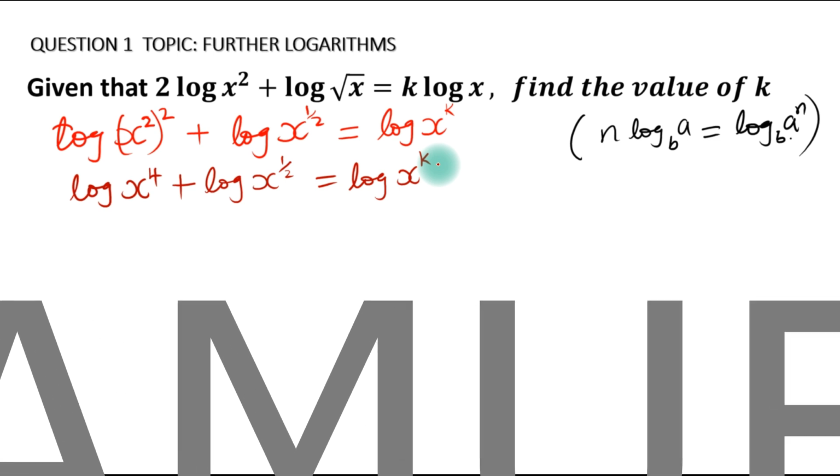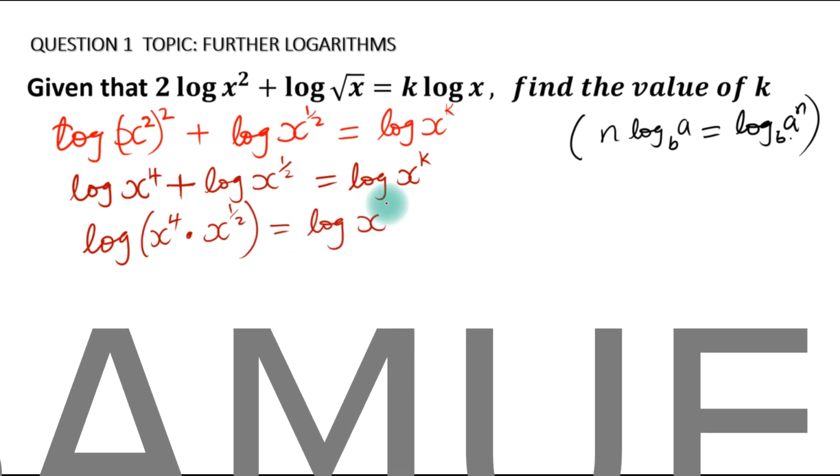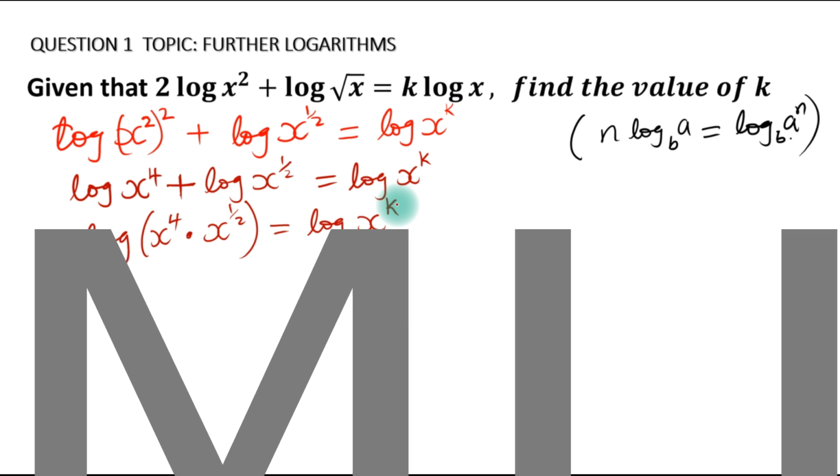Next step. So from here, since it is addition in logarithm, it leads to multiplication. So we have log of x raised to power 4 times x raised to power a half will be equal to logarithm of x raised to power k.